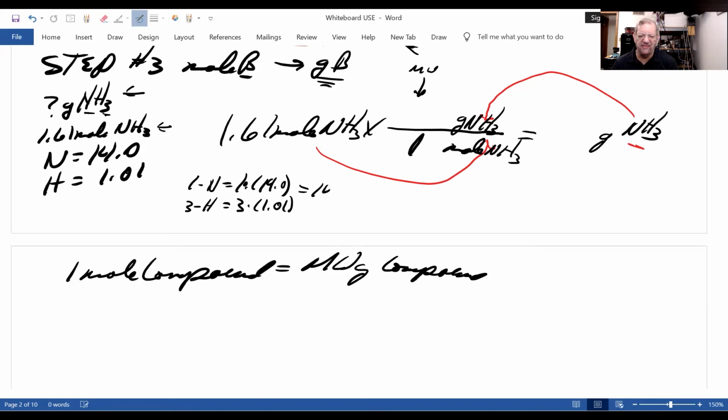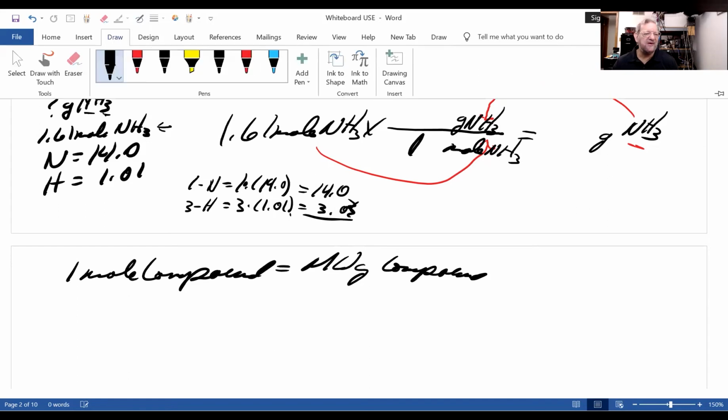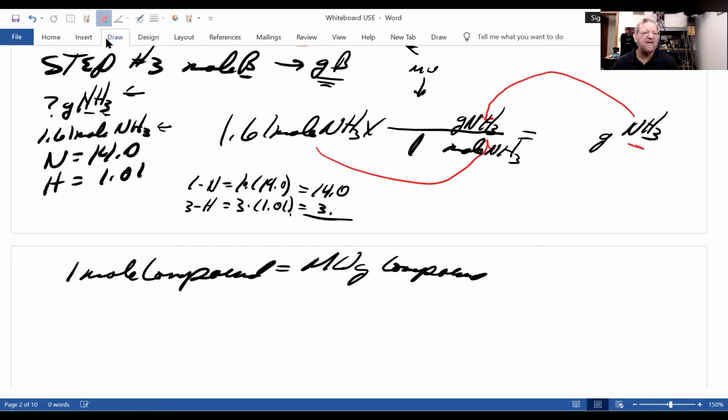Do the math. 1 and 3 are exact numbers. Add them up. Hold on, I was already getting ahead of myself. Add them up. You get this number, and you have to round it off.